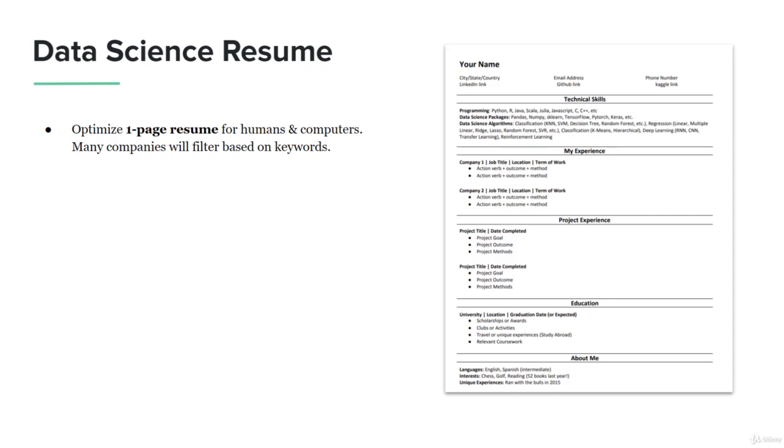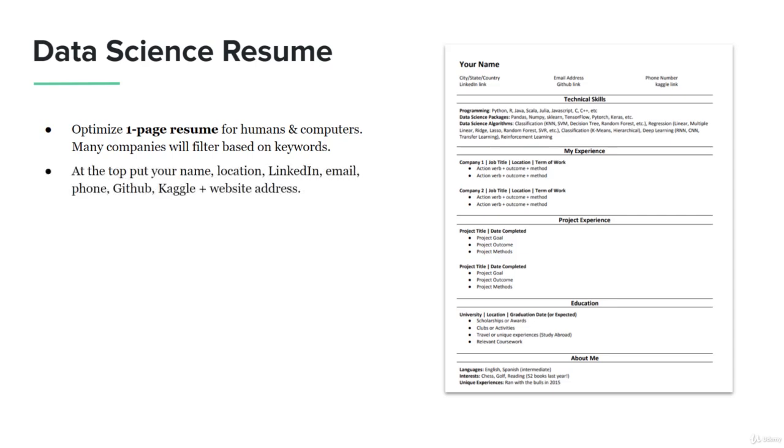It's not going to be something where a human is actually looking at your resume only after it's gone through the algorithm to make sure you have the right kind of keywords in there, the certain objectives and the certain information and technical skills that position, that company is looking for, right? That's why you want to make it at least just one page.